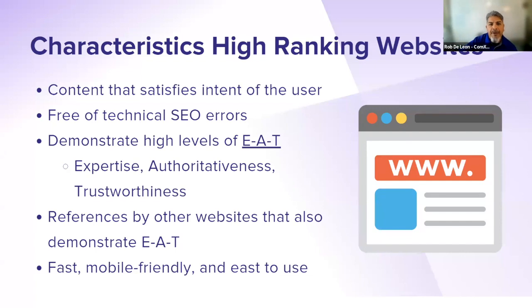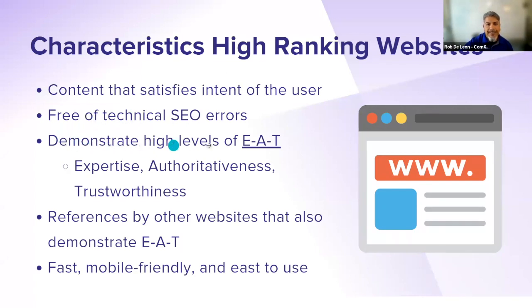You want it to be free of technical SEO errors. So in other words, the indexing for the sitemap and the other files that need to be intact, the technical foundation that is built for all of your website, right? So the high-ranking websites have those covered.